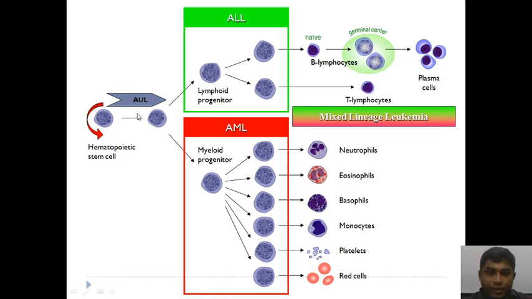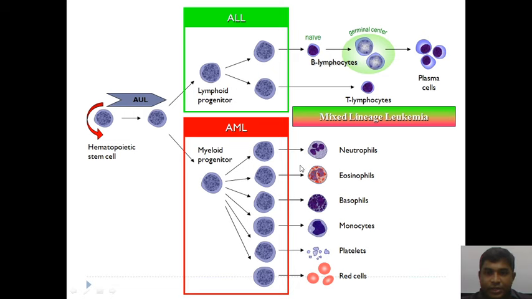Rarely it can arise earlier in the stem cell, and then it gives rise to an acute undifferentiated leukemia. So as you can see, the two broad categories of acute leukemia are ALL, acute lymphoblastic leukemia, and AML, acute myeloid leukemia. On the right side of the picture you can see more mature cells, which can be lymphocytes or other lineage cells.